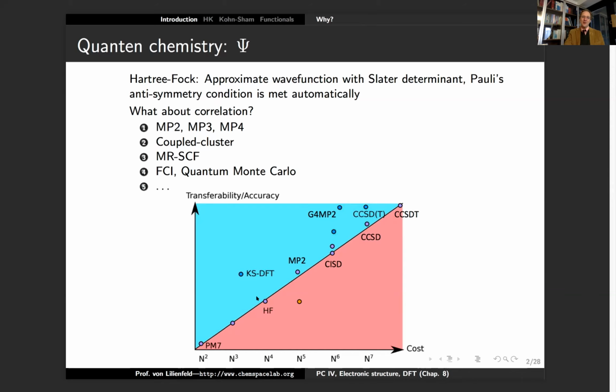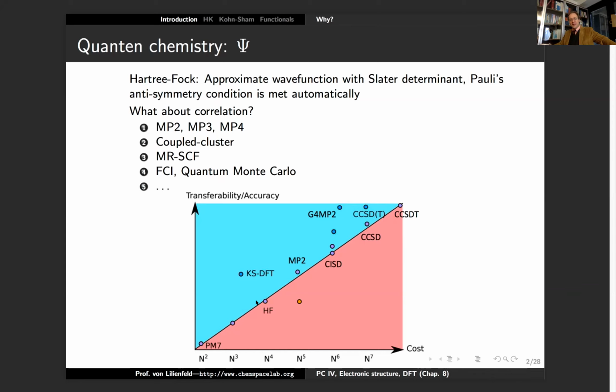Roughly speaking, you always have this trade-off between cost and accuracy, right? So there's no free lunch in the sense that for ever more accurate predictions, for ever smaller errors, you have to invest more and more compute power.